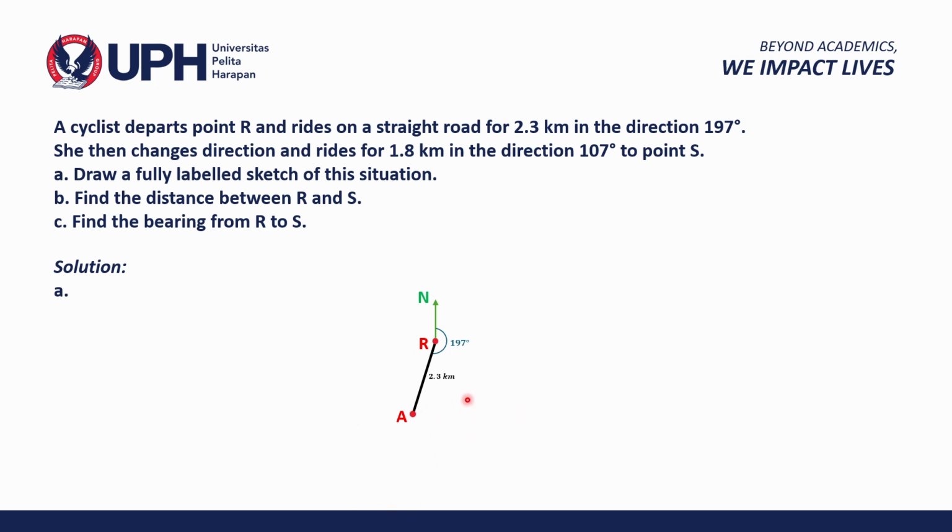At point A, another north reference is drawn, and the second path, AS, is drawn at a bearing of 107 degrees with a length of 1.8 kilometers. So here is the fully labeled sketch of the situation given in the problem.